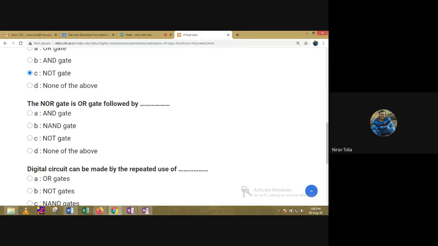Anand gives the answer C. Rajesh gives the answer B.